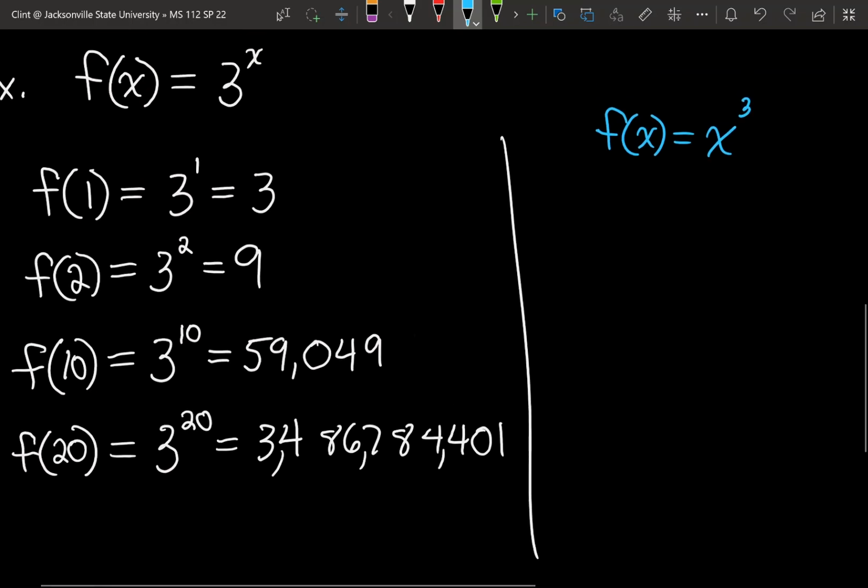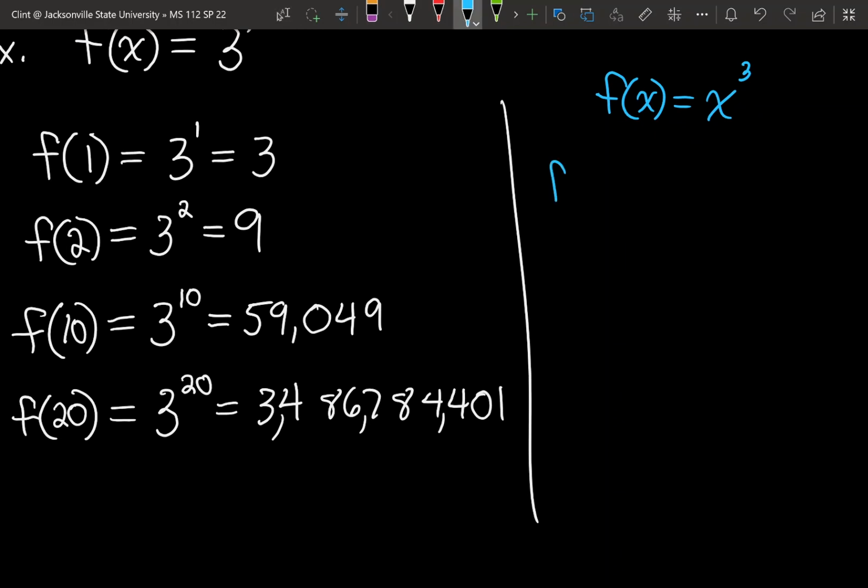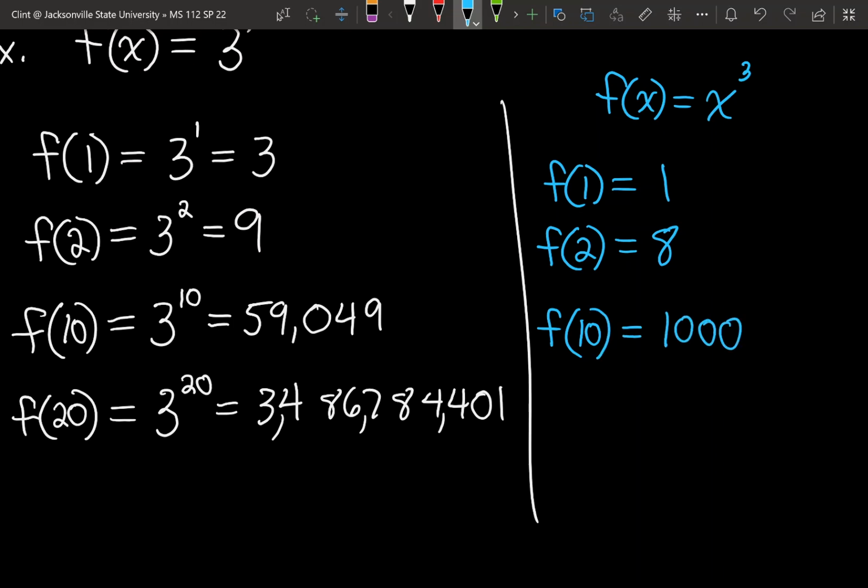So if we want to give some comparison here, let's switch their places, do x to the third. So that would be x to the first, so it'd be 1 to the third, so that would be 1. 2 to the third would be 8. So those two, they're not that far apart, but when we go to f of 10, that'd be 10 cubed, so this is only 1,000. Okay.